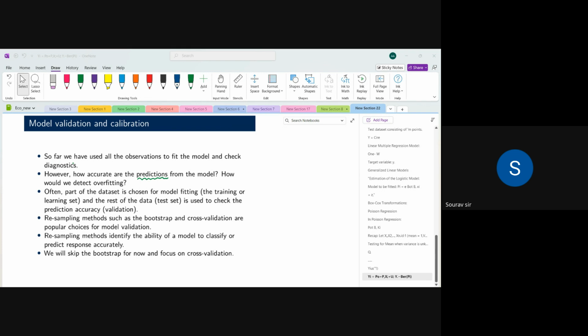Alright, understood? So that is what we call validation. The first thing to distinguish is that validation is mostly done on a different data set altogether, which, as mentioned in your slides over here, we call the test set. The data set on which the model is built we call the training or learning set. The model is able to discriminate between good and bad observations based on the data on which it is estimated.